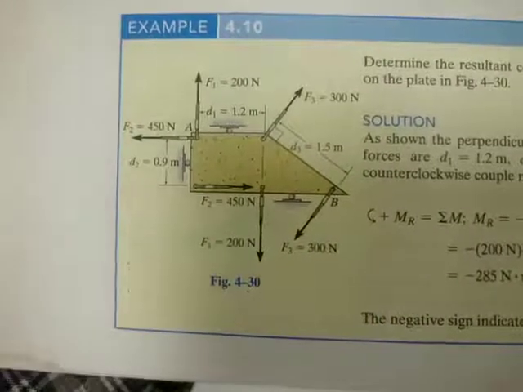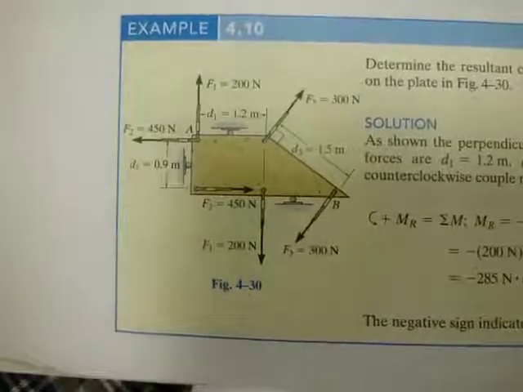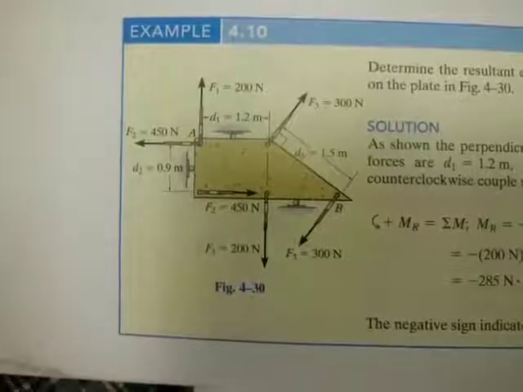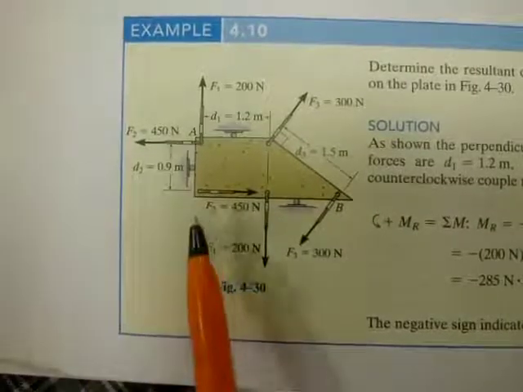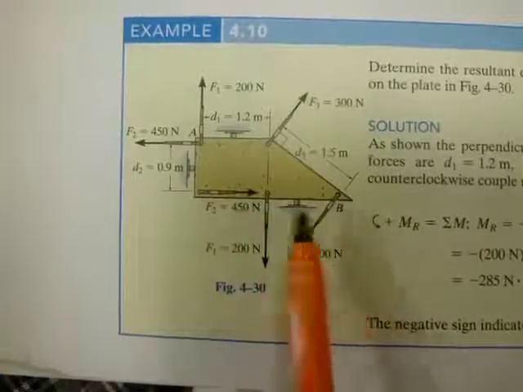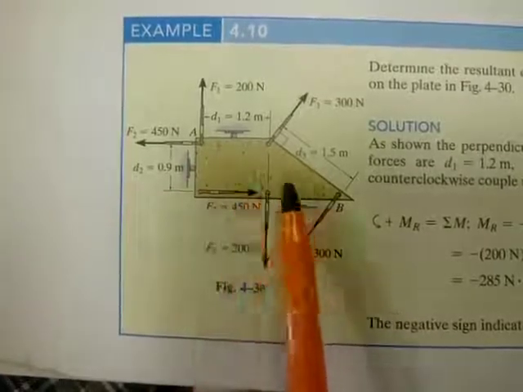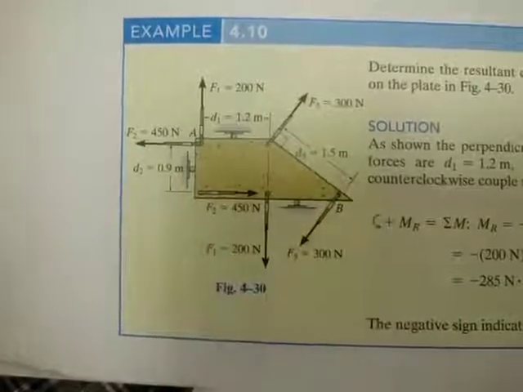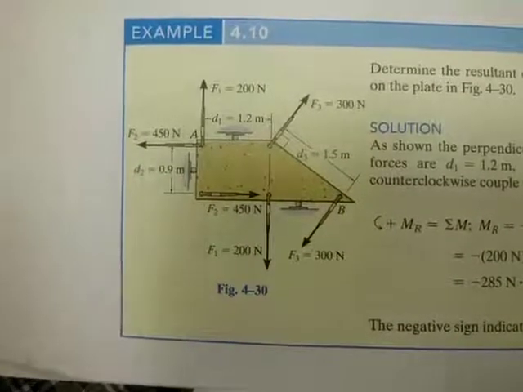Now, based on what we just learned, you could solve this in one of two ways. The first way is what we used to do before: you choose any point, B, A, wherever, and you take moments of all the forces about that point, and you get an answer.